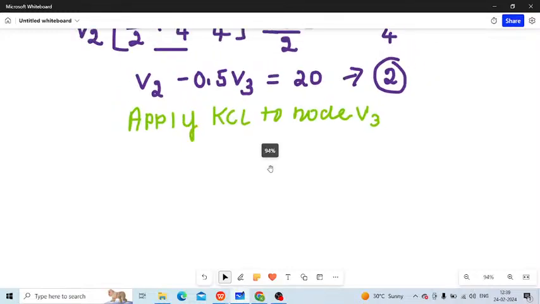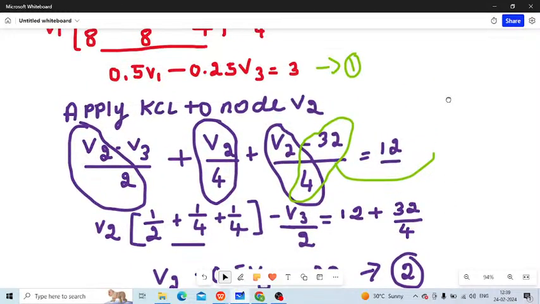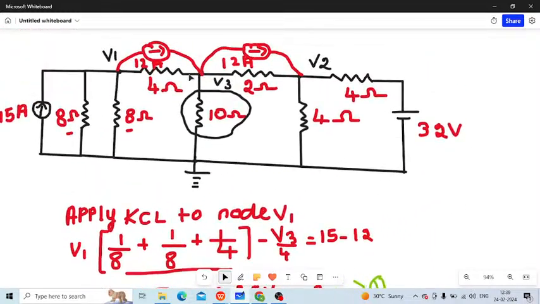So let me come to node V3, students. Here it is node V3, wherein you need to apply V3 minus V1 divided by 4, and V3 divided by 10, and here it is V3 minus V2 by 2.